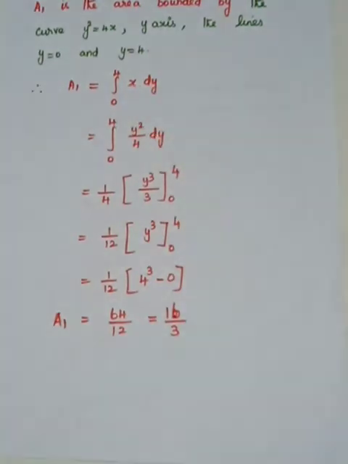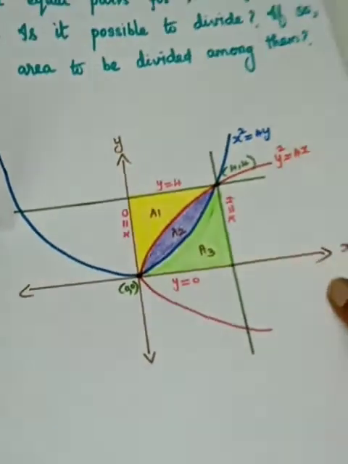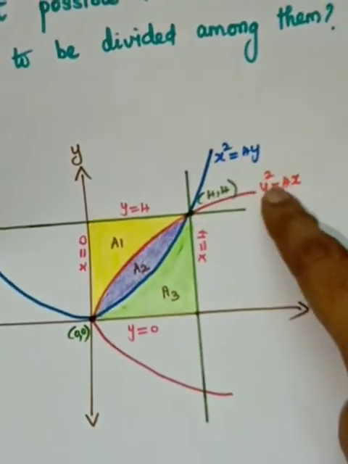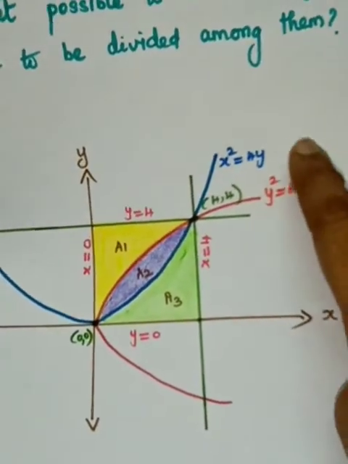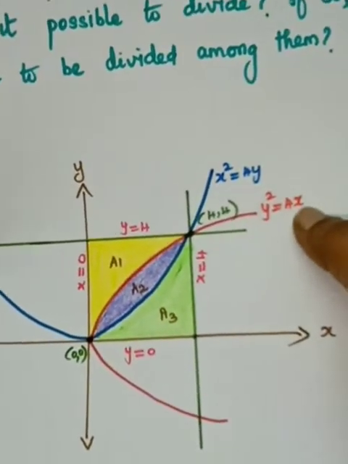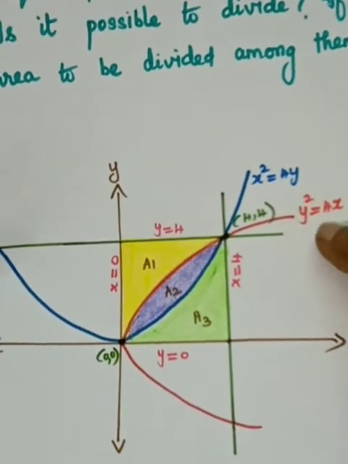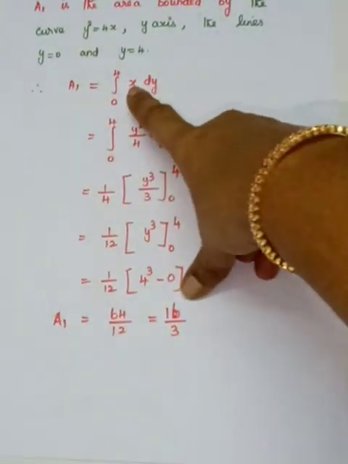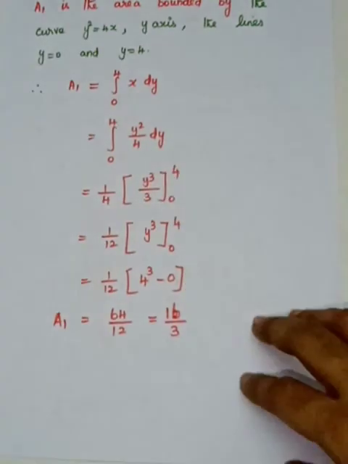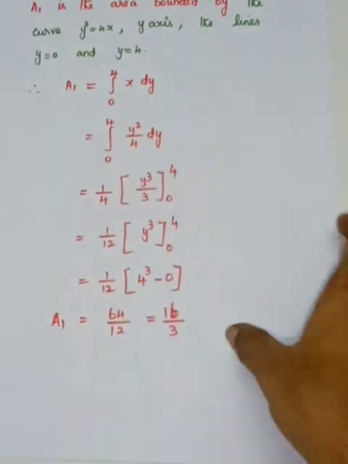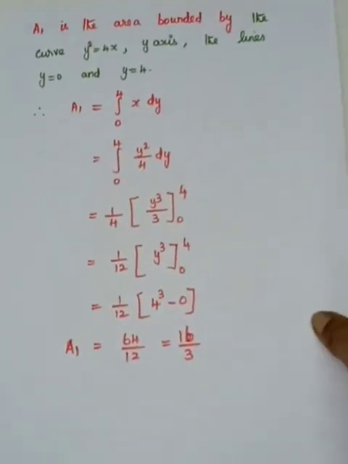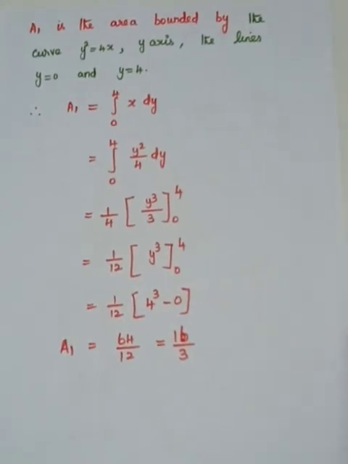So x has to be taken from the red color line. Which is your red color line? y squared is equal to 4x. From that you have to choose x. So x is y squared by 4. Here in the place of x I have substituted y squared by 4. This 4 is a constant, so it is taken out. If you integrate y squared, it is y cubed by 3.